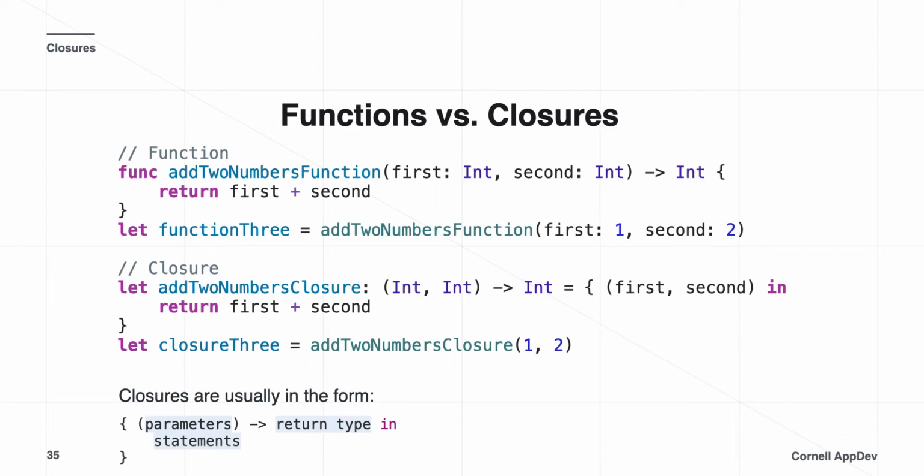So in the addTwoNumbers closure case, your parameters were first and second, and the chunk of code you wanted to execute is return first plus second. And later, when you want to execute this closure, you would just call addTwoNumbers closure with 1 and 2 as your parameters. Does that make sense? It's just a different way of writing out your function.